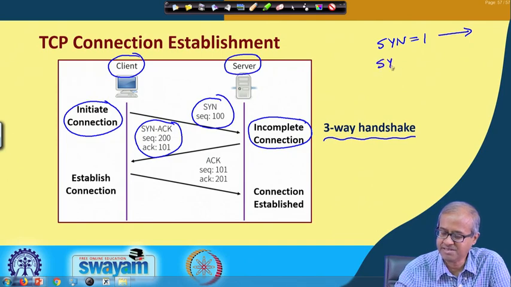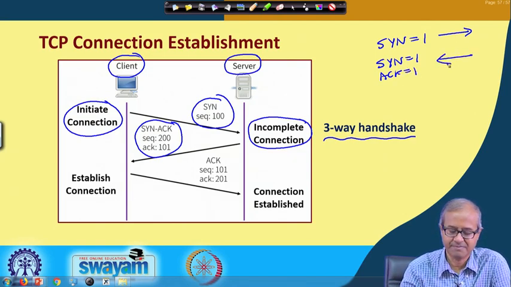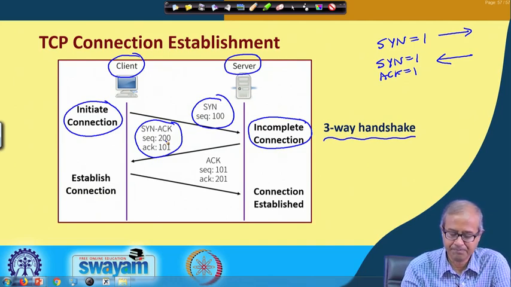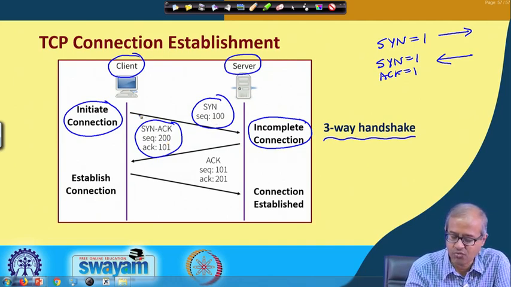SYN ACK means SYN is also 1, ACK is also 1, both these flags are 1. This will be going in this direction. And here the sequence number from the server to the client side, let us say this is 200, and this seq was 100. So, now this acknowledgement number will be 101, the next one.